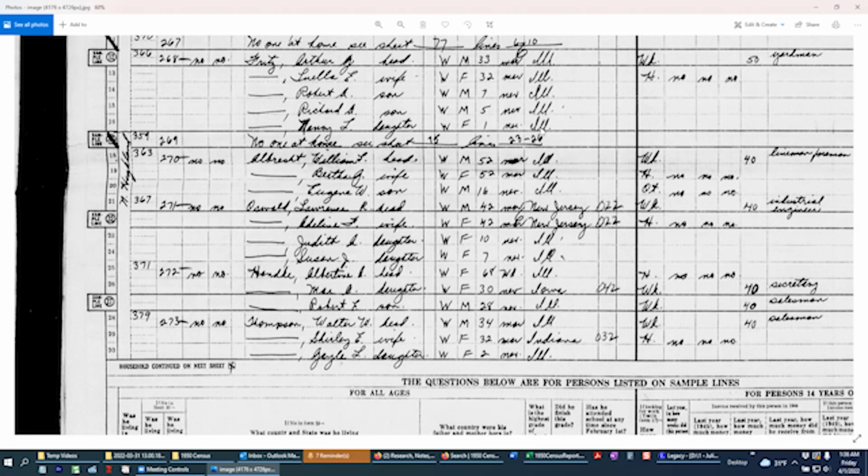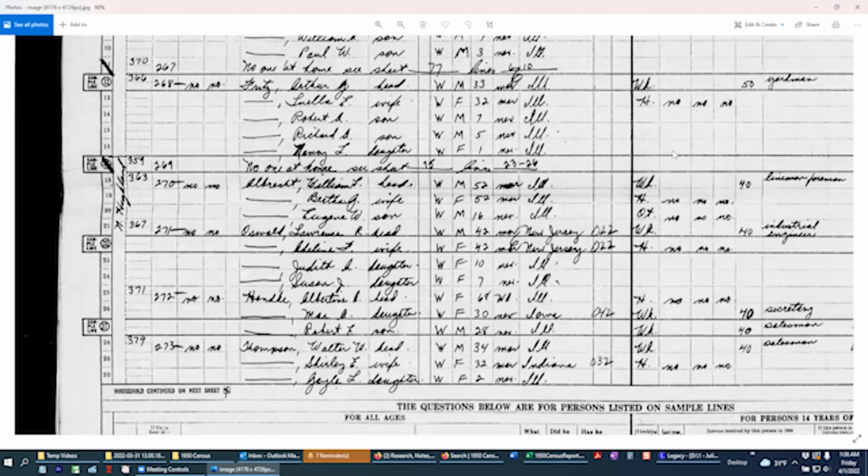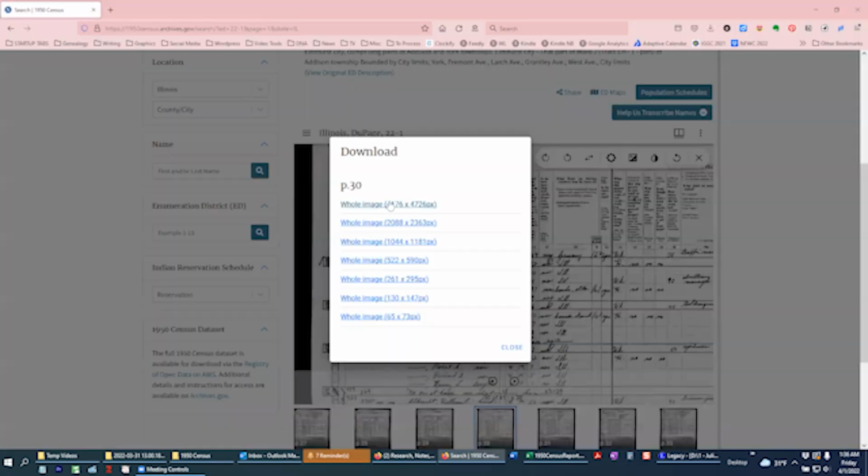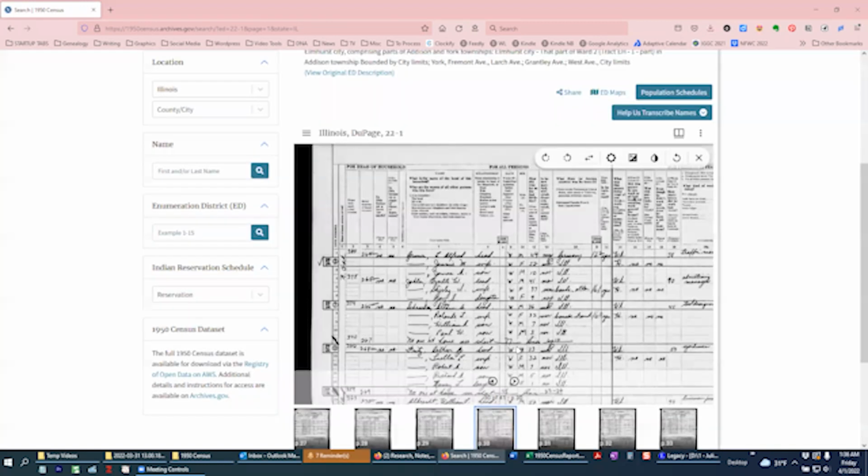Unfortunately, I knew that I was on the right page because I could see enough of it to know it was my family. And so I was able to download it and actually see that, yes, indeed it was. But that's just my tip for you: download that big image, the biggest one you can, that top one, and be sure to download it and save it.